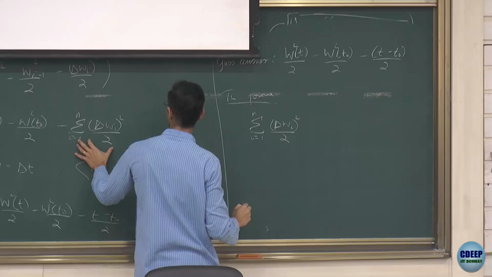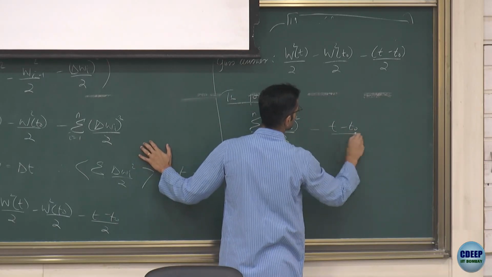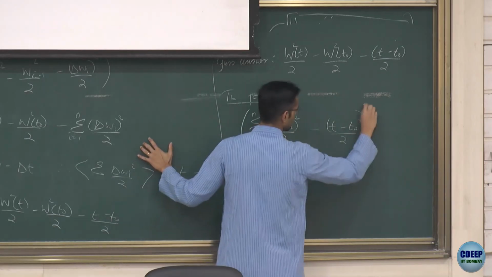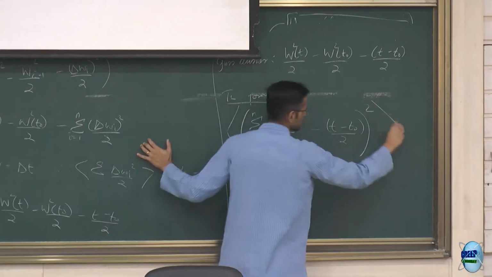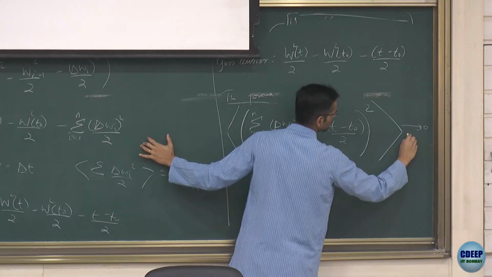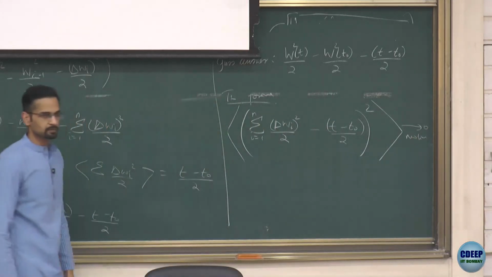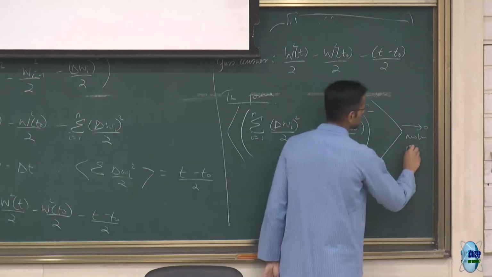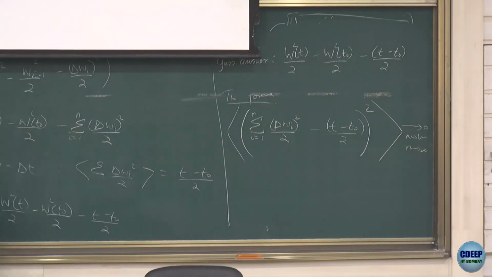This whole quantity has to be equal to t minus t naught by 2, in the sense that the difference between them, ensemble average, should go to 0 in the mean square limit as n goes to infinity. Then I would have proved the integral.